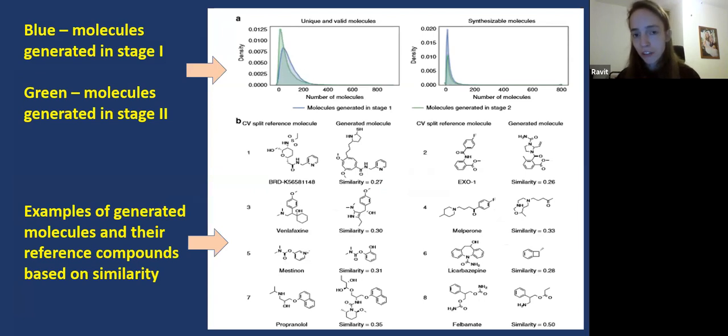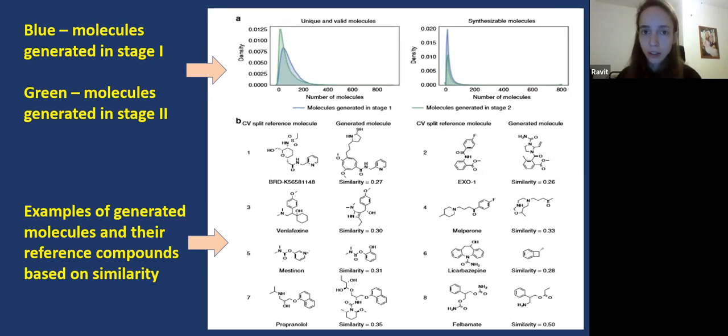In this graph, I would like to show you the fact that the addition of the second GAN increases the accuracy of this model. Here you can see that in the upper graph, the blue line represents molecules generated in the first GAN, and the green line represents the molecules generated in the second GAN.